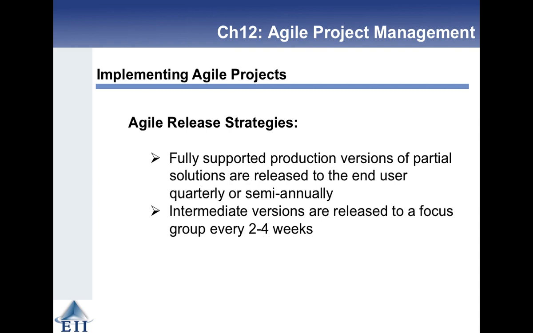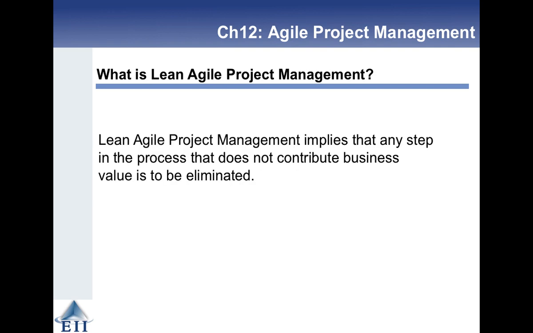But then you have intermediate versions released to focus groups, client focus groups, every 2 to 4 weeks, which is the iteration length, or sprint length sometimes it's called.